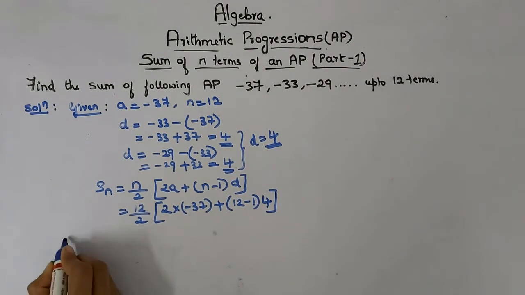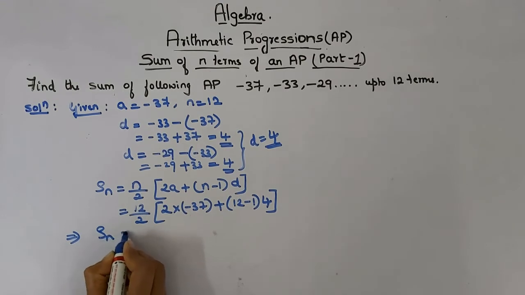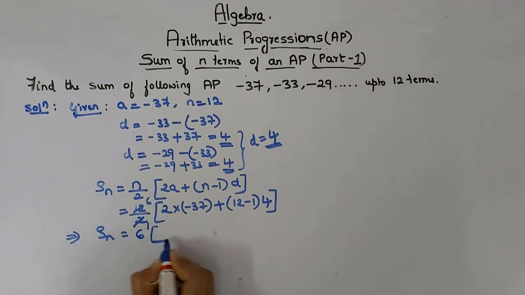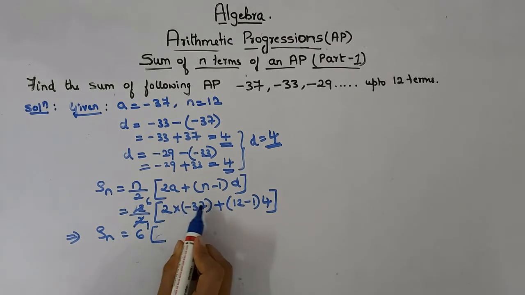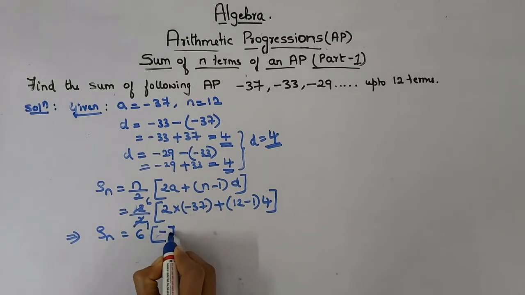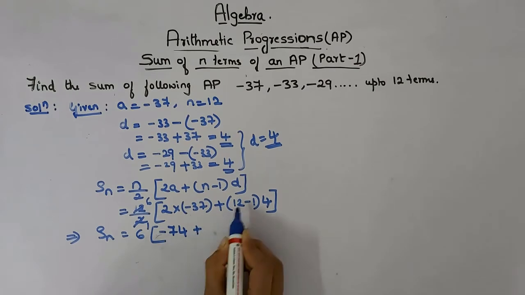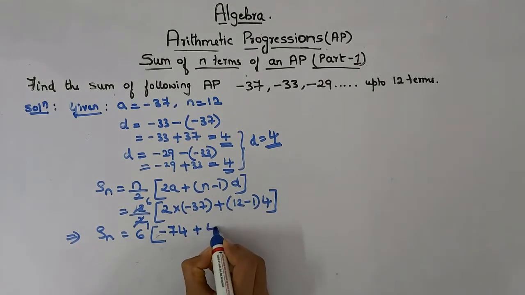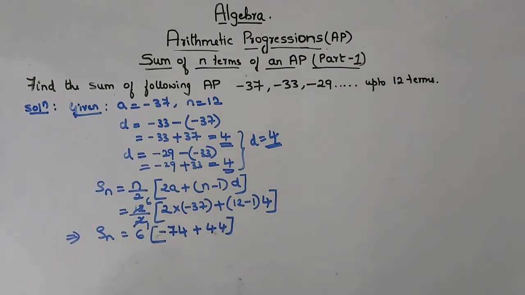So which implies Sn is equal to 6 into 2 times minus 37, which is minus 74, plus 12 minus 1, which gives you 11. So 11 into 4 will give you 44, right?